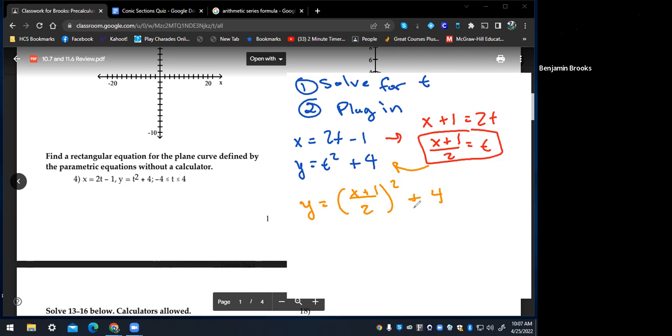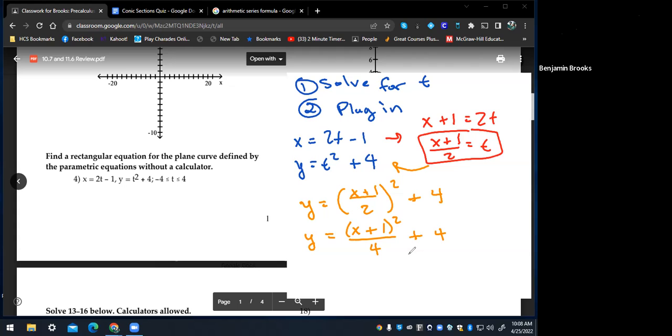And I mean, we could go further if we wanted to. We could end up with something like y equals (x plus 1) squared over 4 plus 4, right? And then I'm trying to get it to something that we can use here. I'm trying to get (x plus 1) squared by itself.